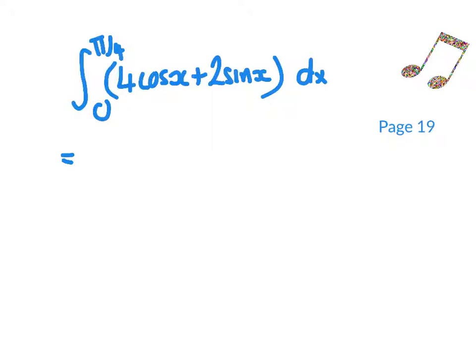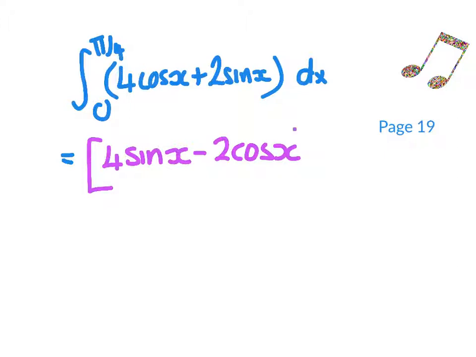So I'm going to go ahead and integrate. Cos x integrates to sin x, so I'm going to have 4 sin x. Sin x integrates to negative cos x, so I'm going to have minus 2 cos x. And I'm going to be adding my limits here. And now I am going to substitute. So upper limit first.